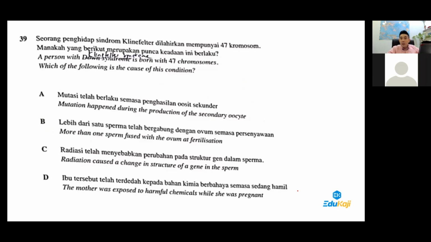Okay, 39. Klinefelter, 47 chromosomes. Why? If you know your facts, it's because mutation occurred during production of the secondary oocyte, so got an extra chromosome.